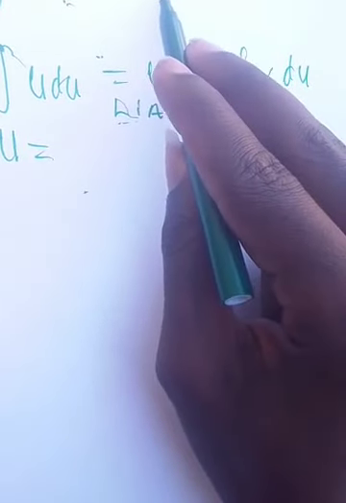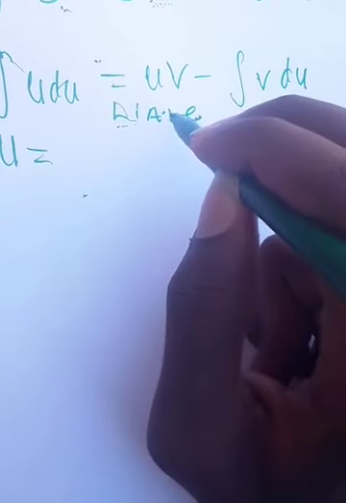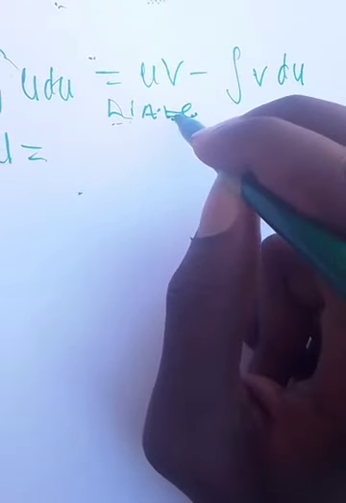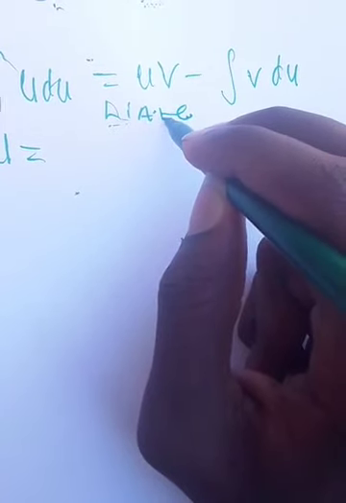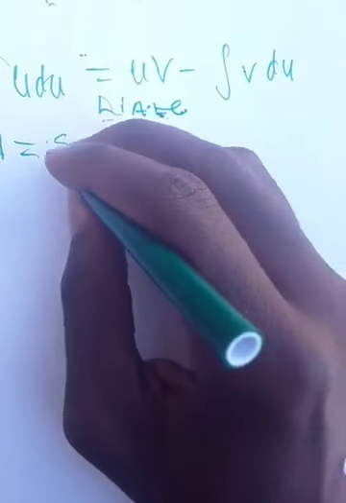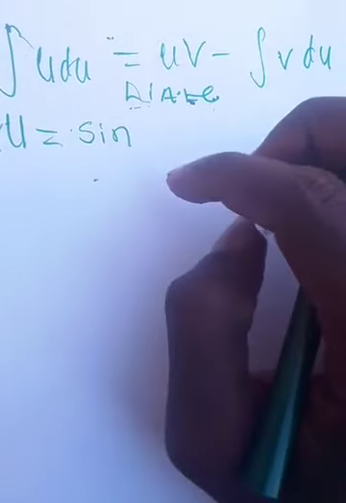E is representing the exponential, T is representing the trigonometric function. So the one that's coming first is T, which is the trig function, which is sine, right? So my u is going to be sine. I taught you how to apply this strategy to determine the value of u.